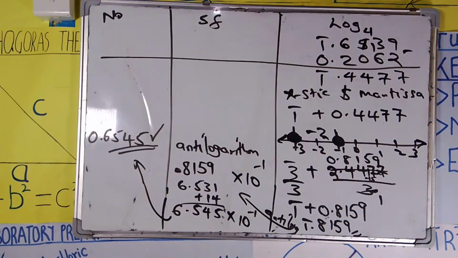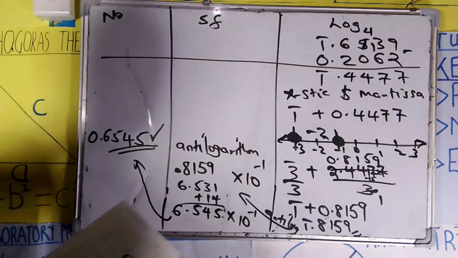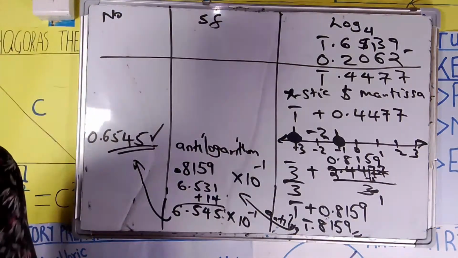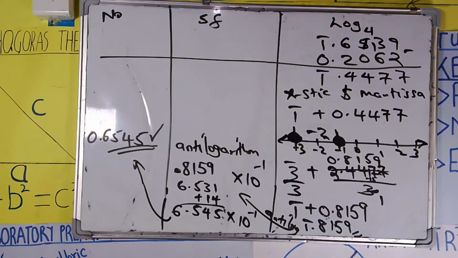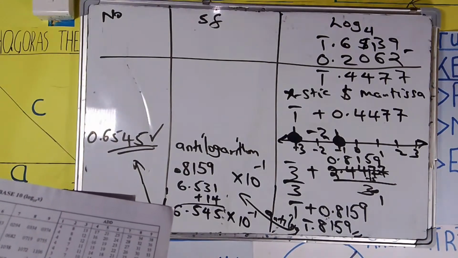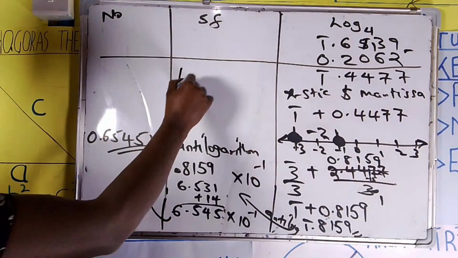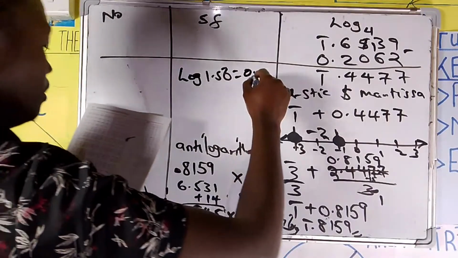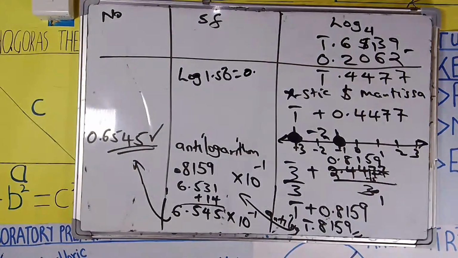Logarithm of 1.56. Someone is saying logarithm of 1.56 is 0.1931.